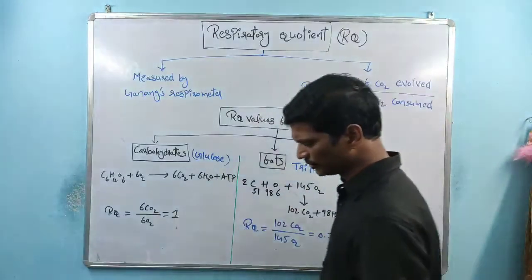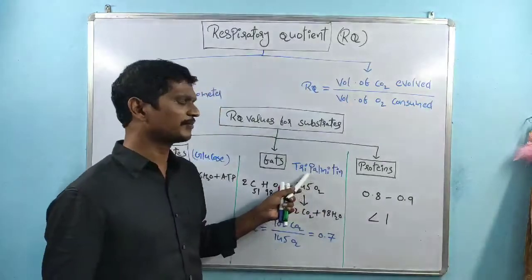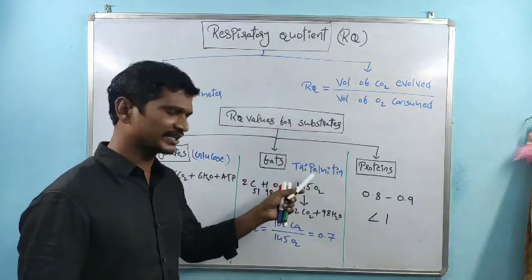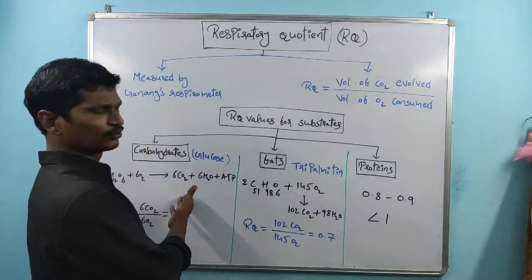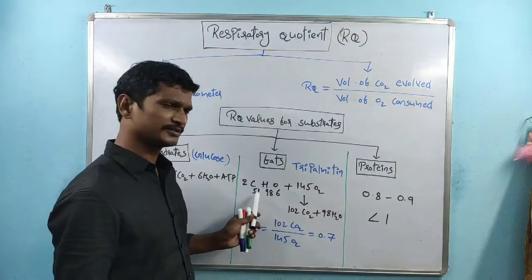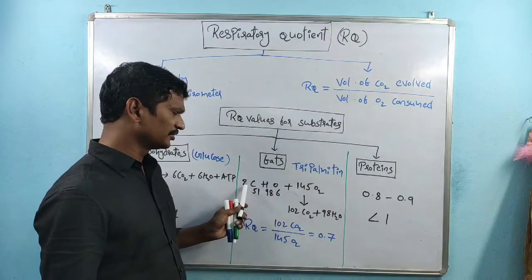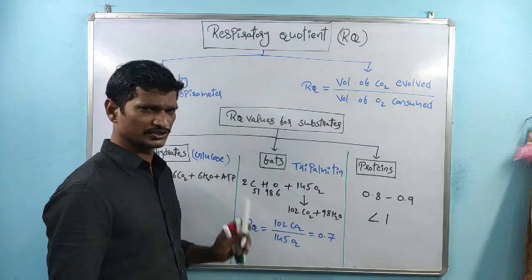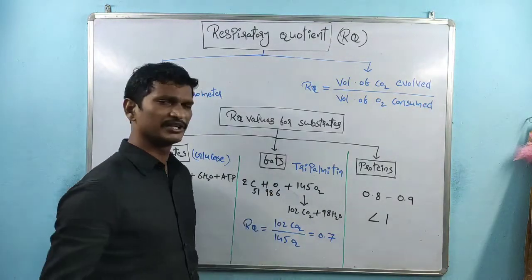Next one is the fats. Here the example is tripalmitin, that is one of the fats. We took the glucose example before, and here we take tripalmitin. So 2C51H98O6, that is one of the tripalmitin structures.